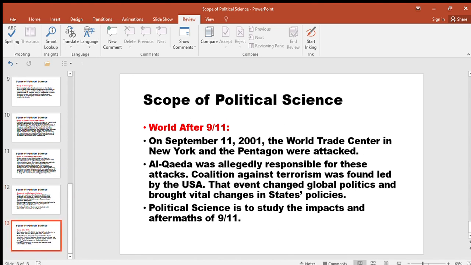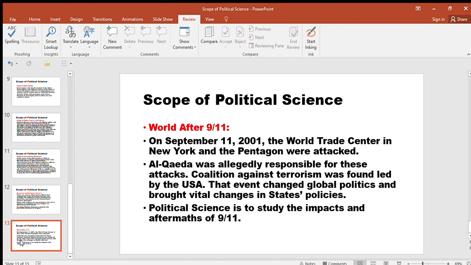World after 9/11. After the incident of 9/11, the scope of political science is further expanded. On September 11, 2001, the World Trade Center in New York and Pentagon were attacked. Al Qaeda was allegedly responsible for these attacks.